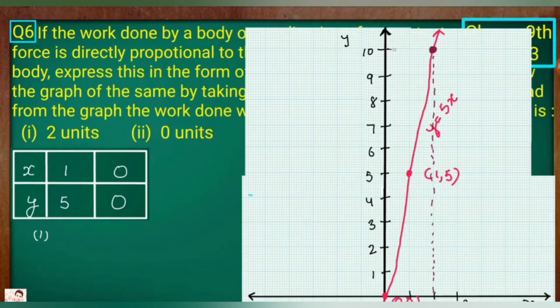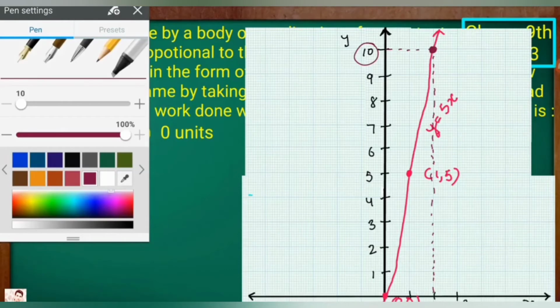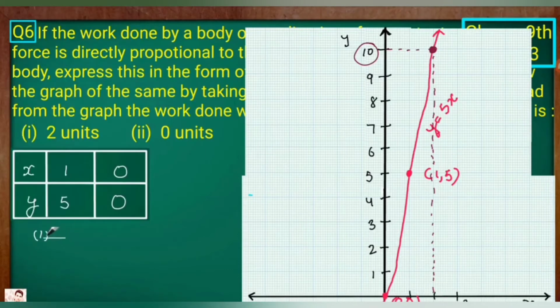Now draw a perpendicular line from that point to the y-axis. Here you can find that the y value is 10. So x equal to 2 means y equal to 10. So the work done when the distance covered is 2 units is 10 units.